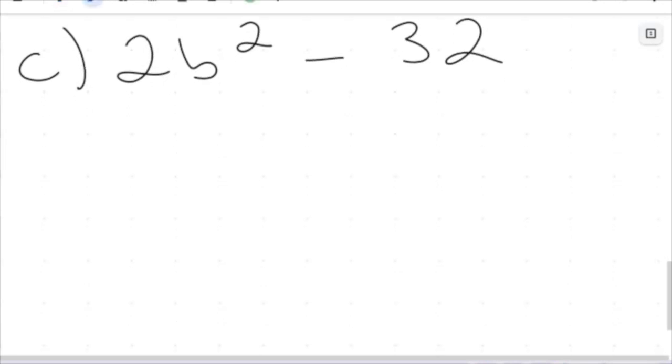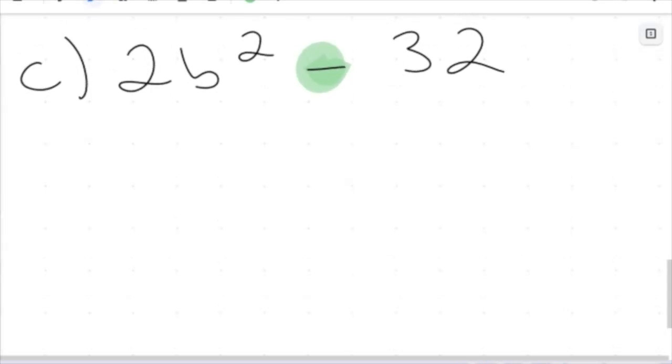Now, let's check. We have a difference, but do we have two perfect squares? Well, in 2b squared, while b squared is a perfect square, 2 isn't, because we can't have two whole number integers that are the same multiplying by each other to give me 2.